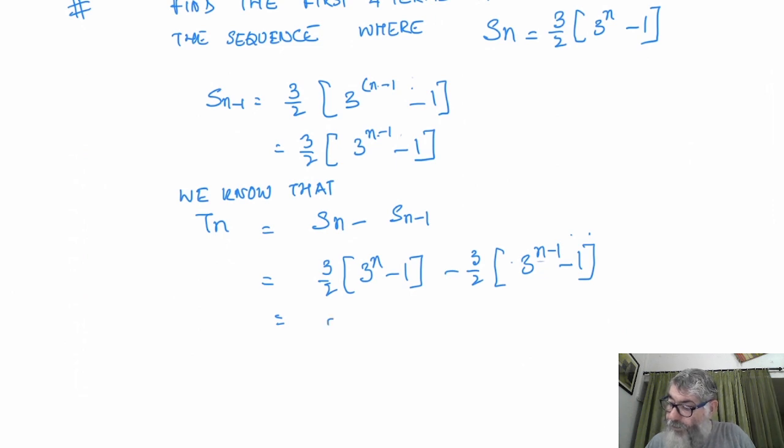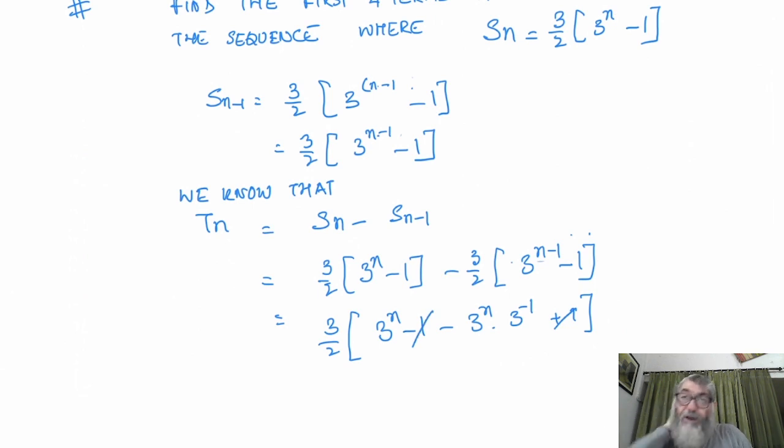So now 3 upon 2 is common, 3 to the power n minus 3 to the power n, 3 to the power minus 1 and plus 1. This will cancel. I have broken up 3 to the power n minus 1 as 3 to the power n, 3 to the power minus 1. 3 to the power n is common. It will be left 1 minus 1 upon 3, because 3 to the power minus 1 is 1 upon 3.